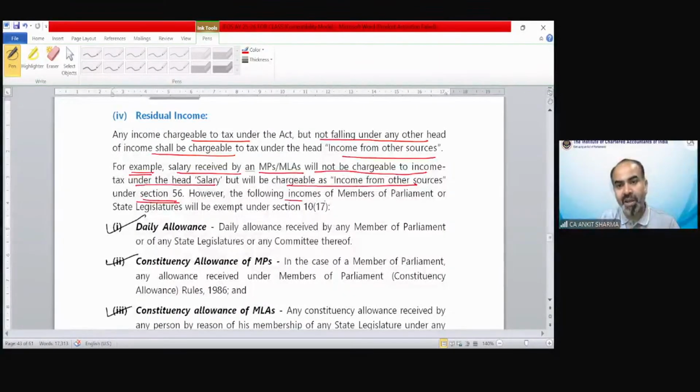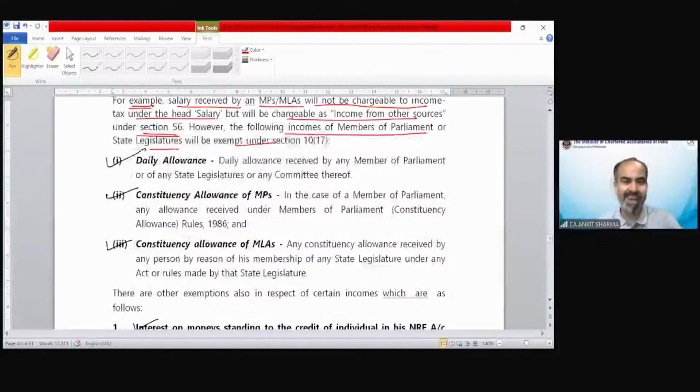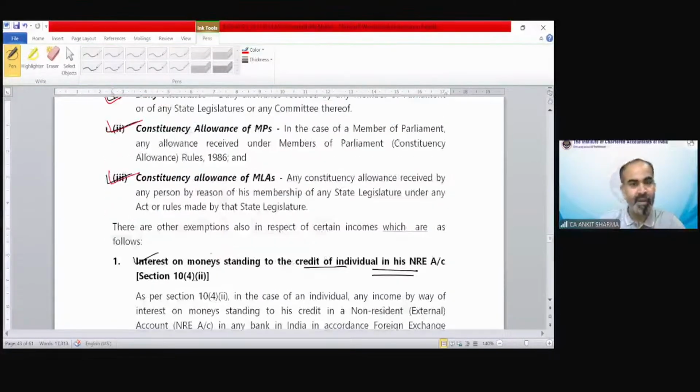However, certain incomes of members of parliament or state legislature will be exempt under section 10(17). Daily allowance is exempted, constituency allowance received by MPs is exempted, and constituency allowance of MLAs is 100% exempted. There are other certain exemptions.